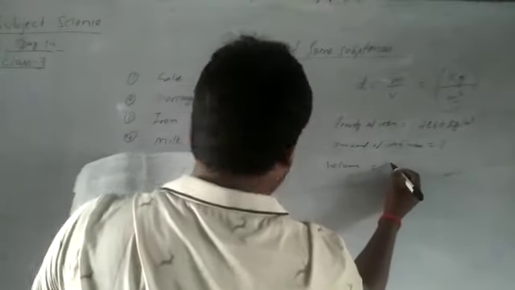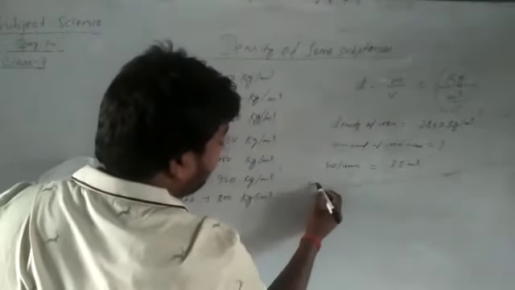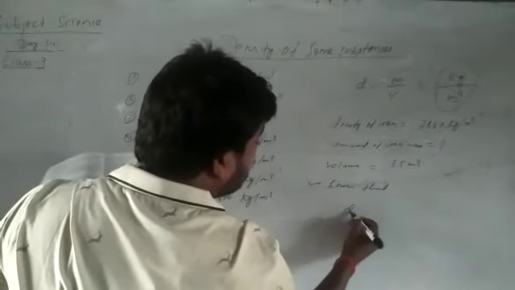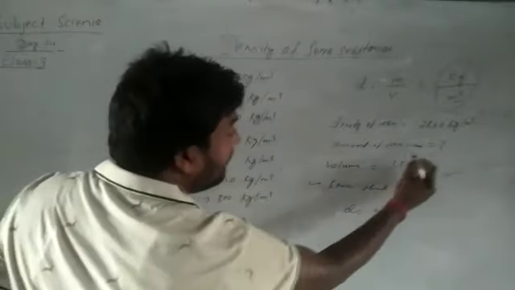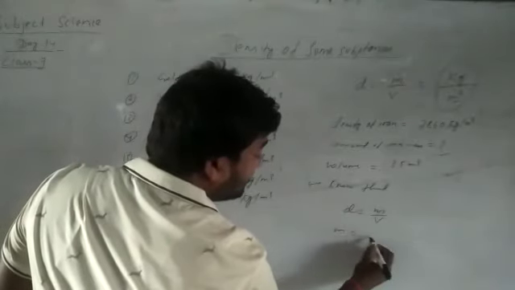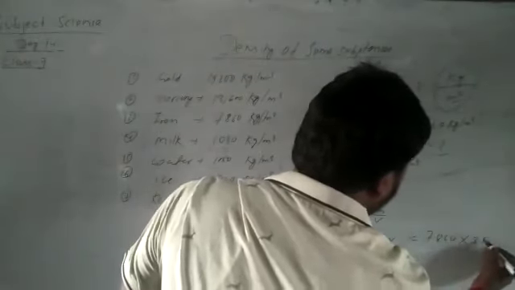We know that D = M/V, so M = D × V. D is 7,860 and V is 3.5, so M = 7,860 × 3.5.